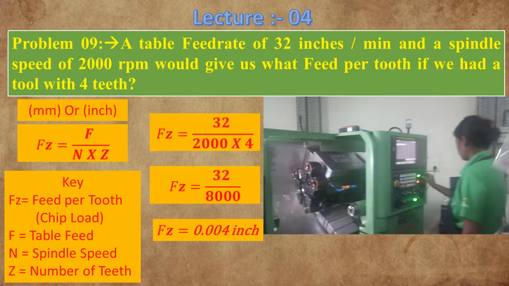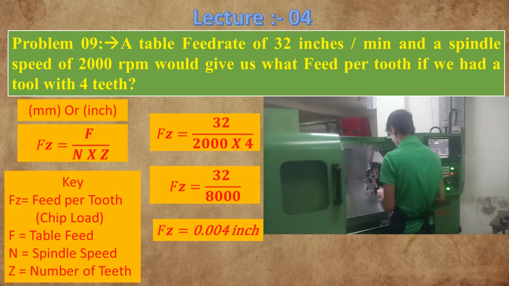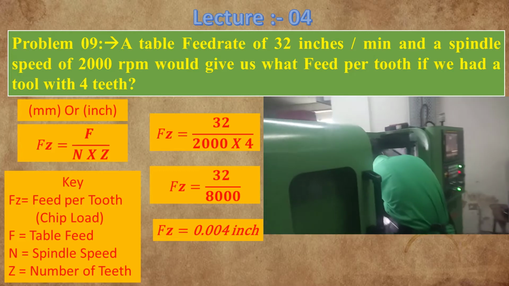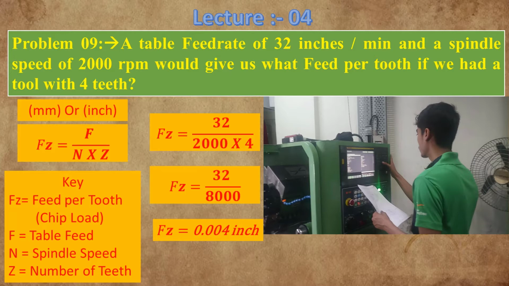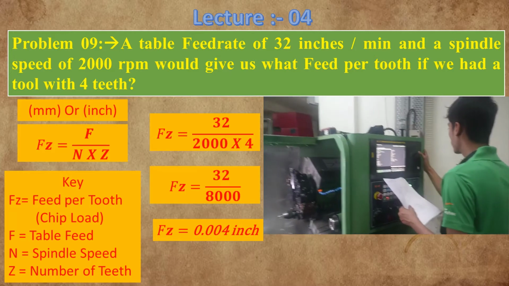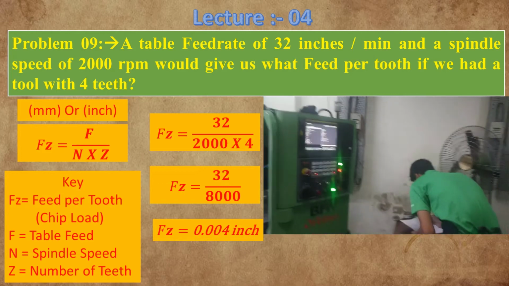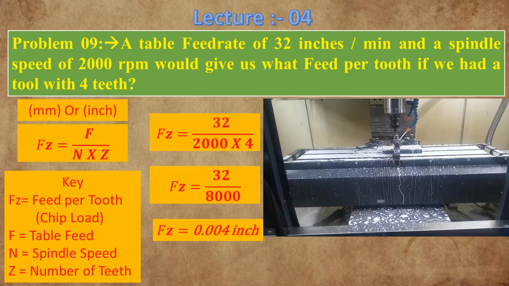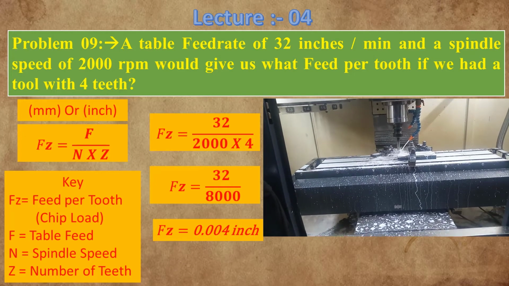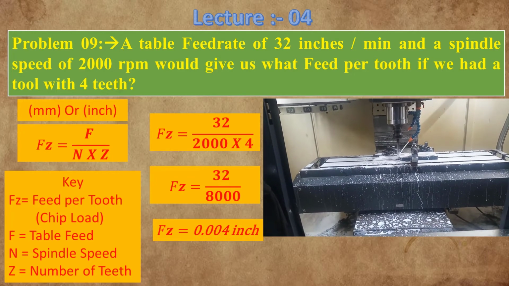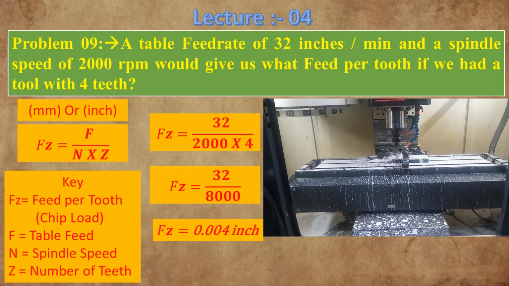Okay, so now we just need to do this equation. So 2000 times 4 would be 8000, and then we take the top and divide it by the bottom, so 32 divided by 8000 would give us a value of Fz, our feed per tooth, and that would equal 0.004 inch. That is imperial because our starting value here was imperial, 32 inches per minute, and that is the amount of material that is removed per tooth as it engages with the material.